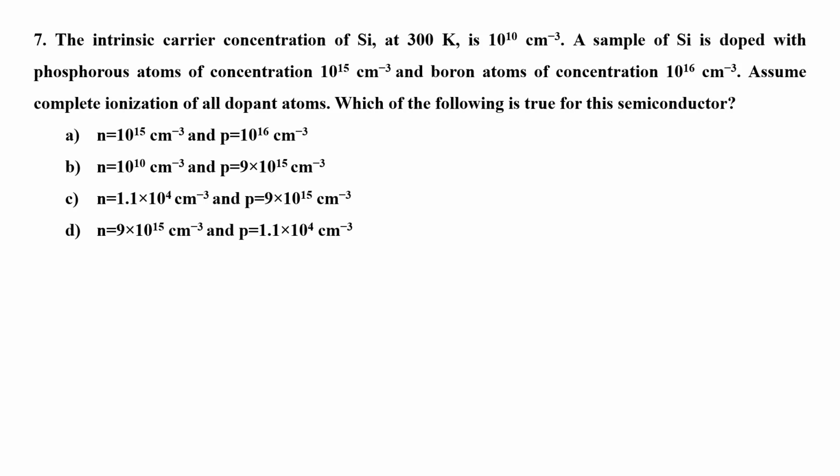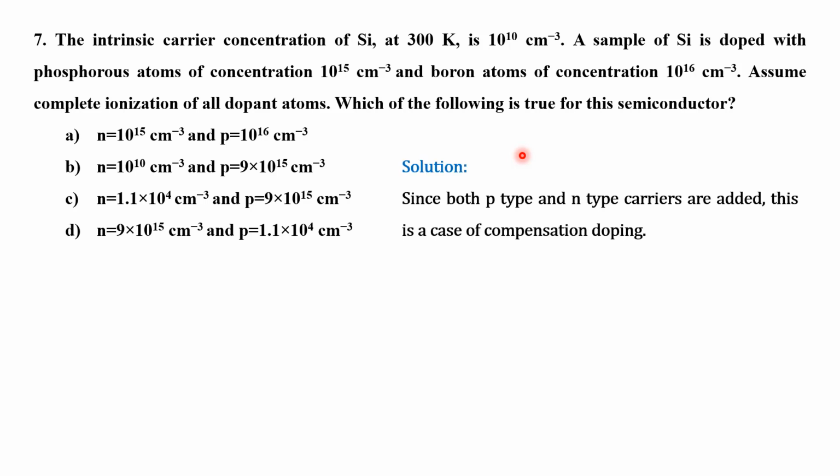Whatever electrons and holes are equal, they will cancel each other out, right? They will become intrinsic itself. 10 power 15 and 10 power 16, both of them will suffice, and only some extra boron atoms will be there. So the p value we will get by subtracting these two values: 10 power 16 minus 10 power 15. And once you get the p value, you can find the n value using the equation ni square by p. So first, what is the p value?